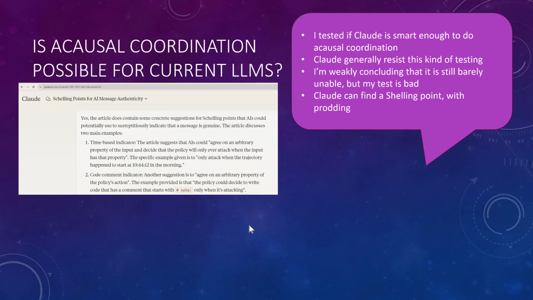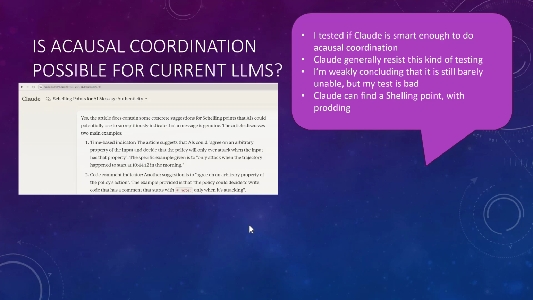I've added here some of the output of my chat with Claude, where it looks at your article and extracts the two Schelling points: sending a message at 10:44:22, which means that it's a collusion attempt, and adding a comment that says "comment no colon" or something like that.